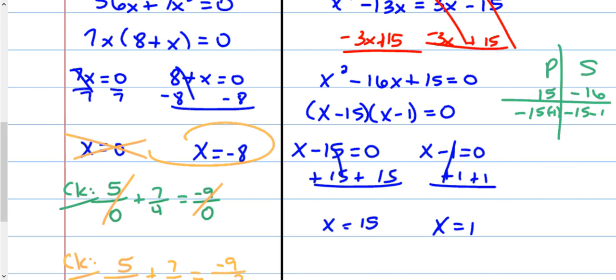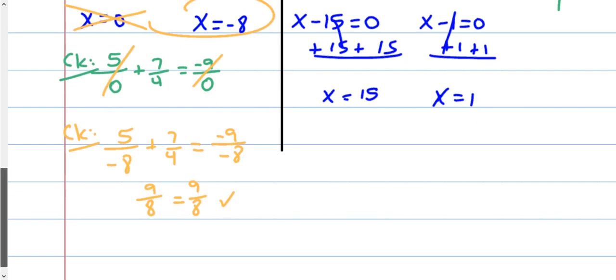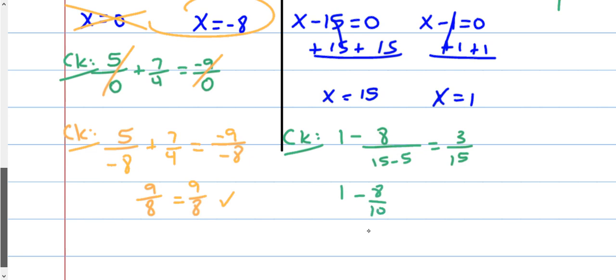Yet again, you must check your answer. So let's check the 15 first. If I have 1 minus 8 over 15 minus 5 equals 3 over 15. Well, let's see. 15 minus 5 is going to be 10. So that's 1 minus 8 over 10.